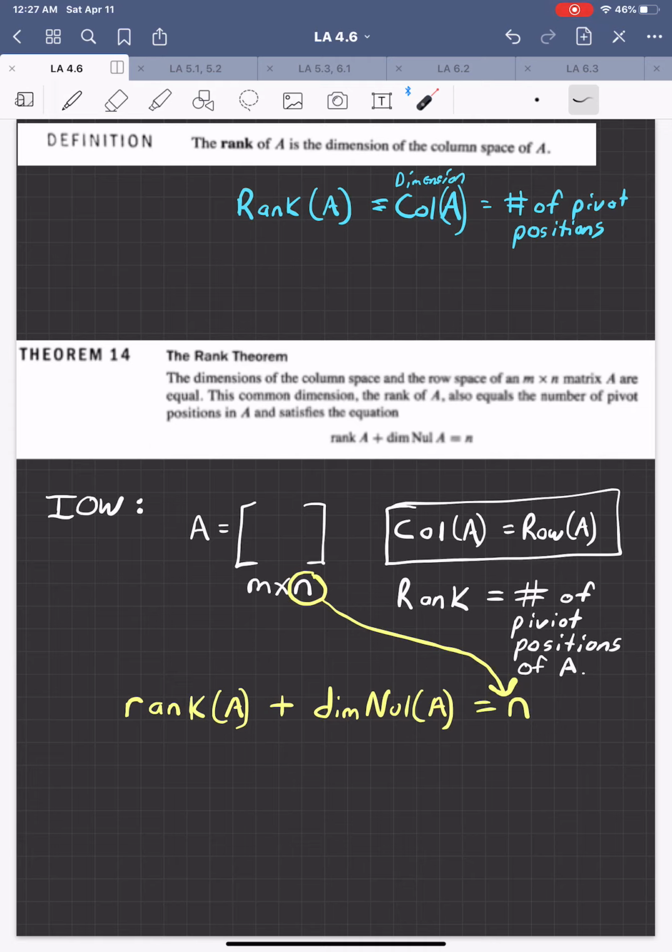Now, remember, it's an m by n matrix, so n. So the rank of A plus the dimension of the null space is equal to n, right? A very helpful equation.